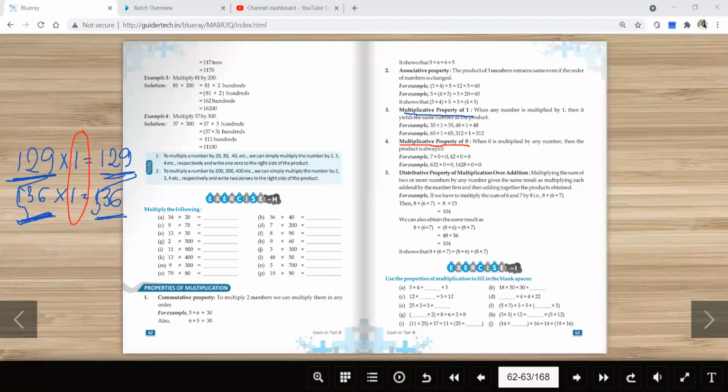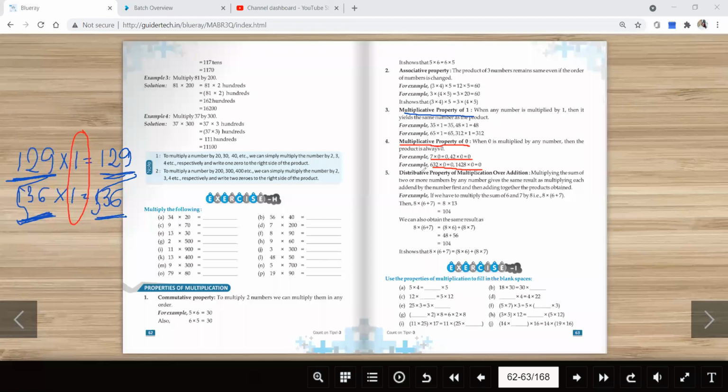If I take the product of a 10-digit number with 0, the answer will come as only 0, nothing else. Okay. So here you can see the examples of the properties are given, and we will go to the next page to solve the sums from this property.